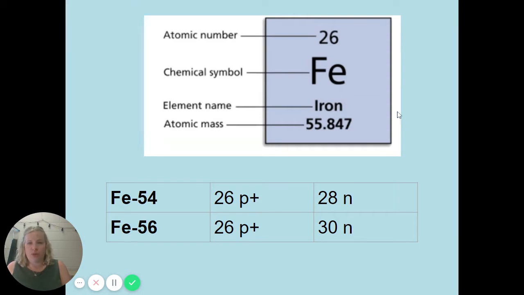As a review, on a periodic table, which you should be getting a new copy of soon, you will see on the periodic table squares a number at the top, which is called our atomic number. The atomic number represents, for a neutral atom, the number of protons and the number of electrons.